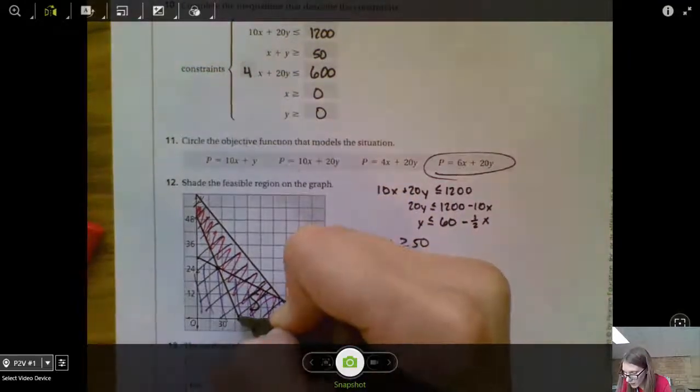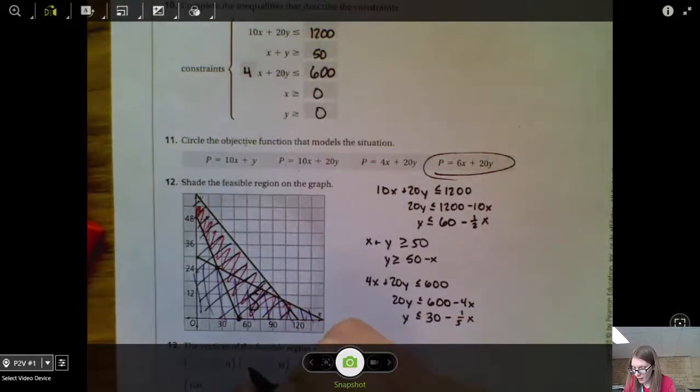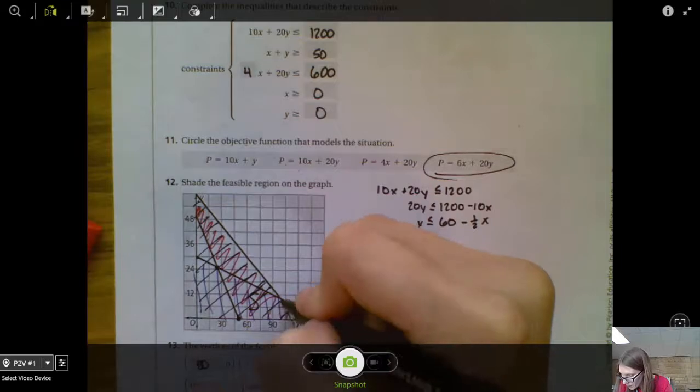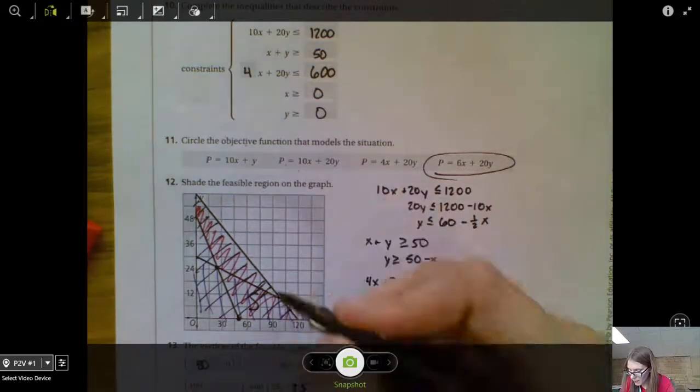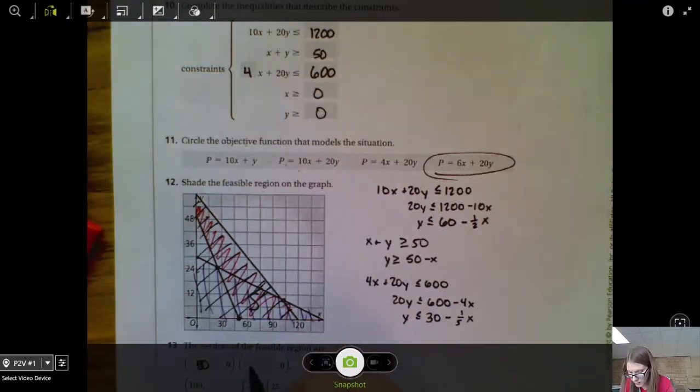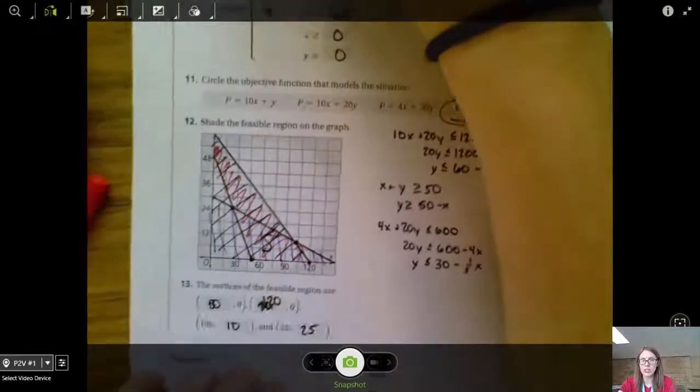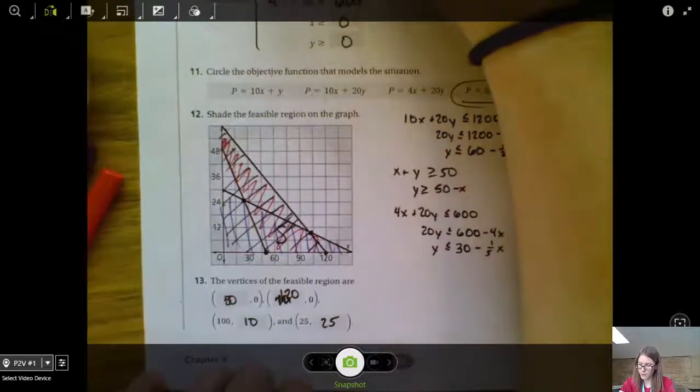I have a vertex right here at 50, 0. Right here is 100, 10. And then right here is 120, 0. And usually the vertices will be a little bit easier to see than this one.